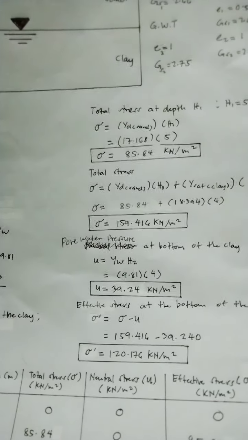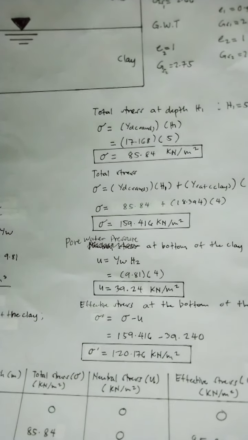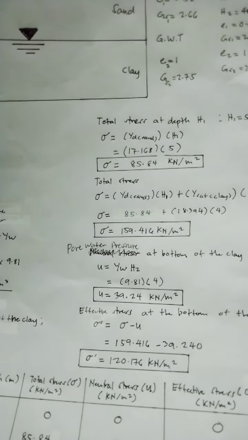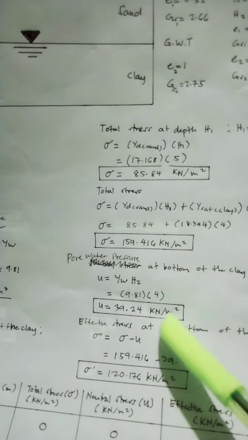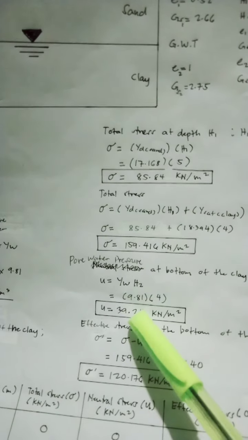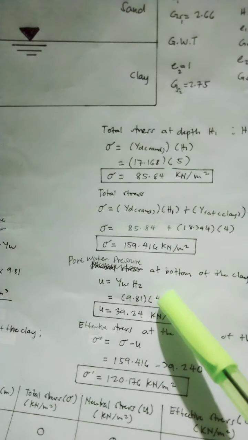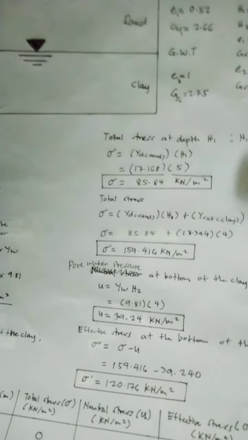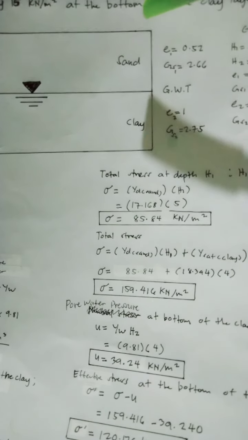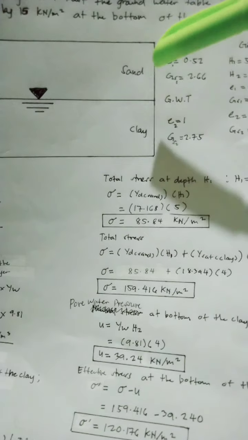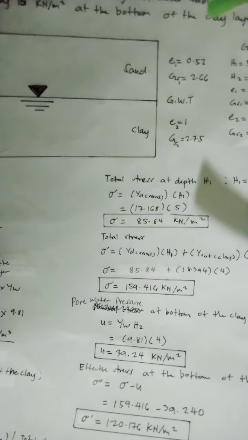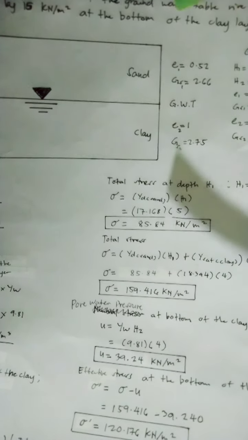Then here we have the pore water pressure at the bottom of the clay. Simply multiply the water unit weight times its depth. Since the sand layer is not saturated, for that layer the pore water pressure is 0.